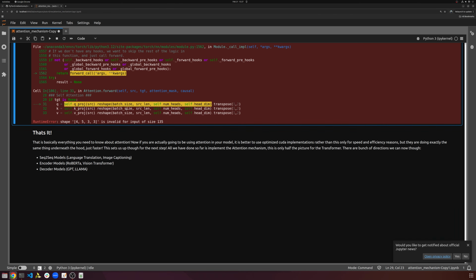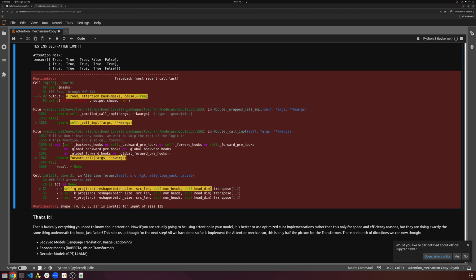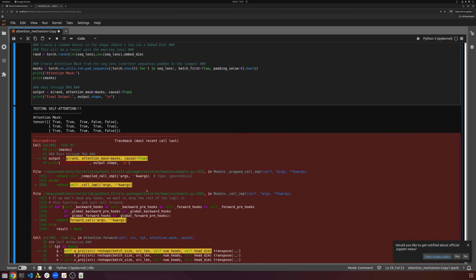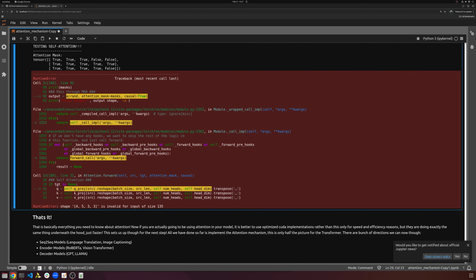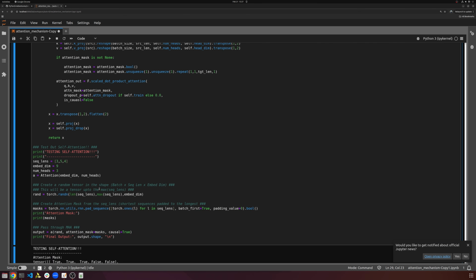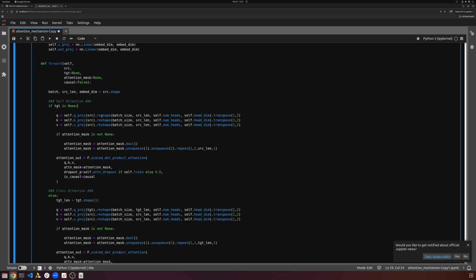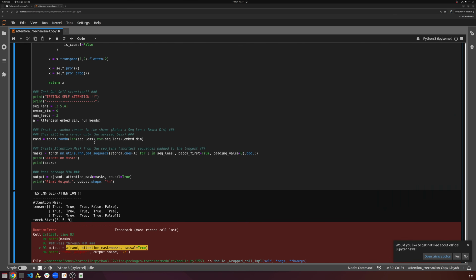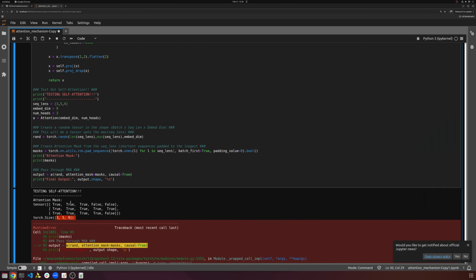Okay, QKV, looks like the shapes are off. So let's check here. If target is none, then, okay, let's just verify some stuff. We can print source.shape, and make sure this is what we expect it to be. This is going to be a 3 by 5 by 9, which makes sense.